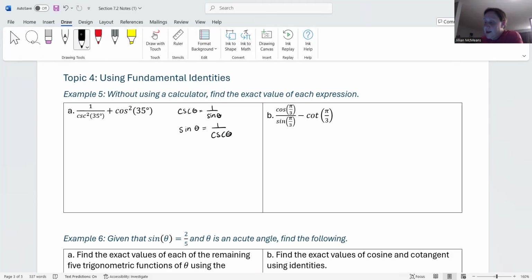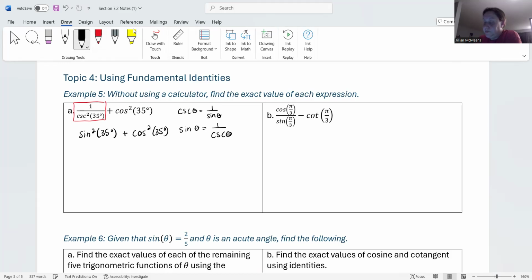So we could basically replace this with sine. So 1 over cosecant squared of 35 degrees is really the same thing as sine squared of 35 degrees, and then I already had plus cosine squared of 35 degrees.